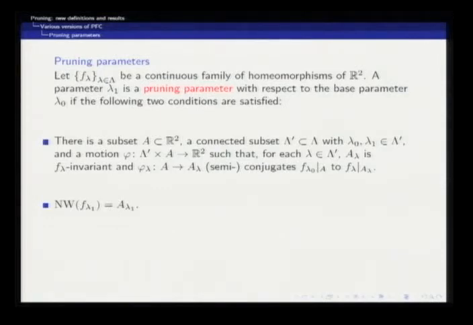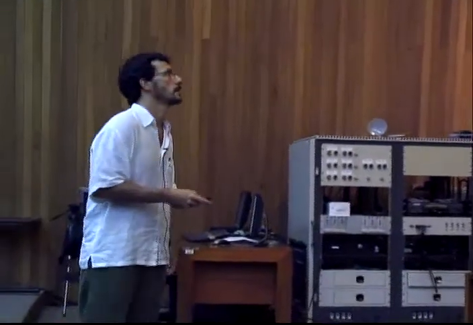Right? So let me repeat this. At the base parameter you have a subset A of R2, and then you move the set, and at the end of this motion, what you have is the whole non-wandering set of your map. Okay?